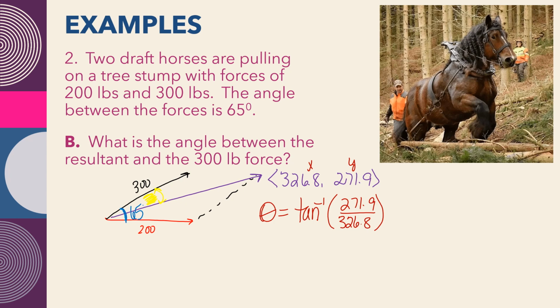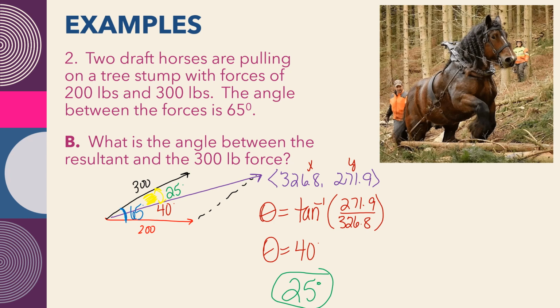That actually gives us 40 degrees. So theta is 40 degrees. Okay, so the difference between those two is 25 degrees. Yep, so we had to do the 65 minus the 40 to help us determine the 25 degrees between the resultant and the 300 pounds.